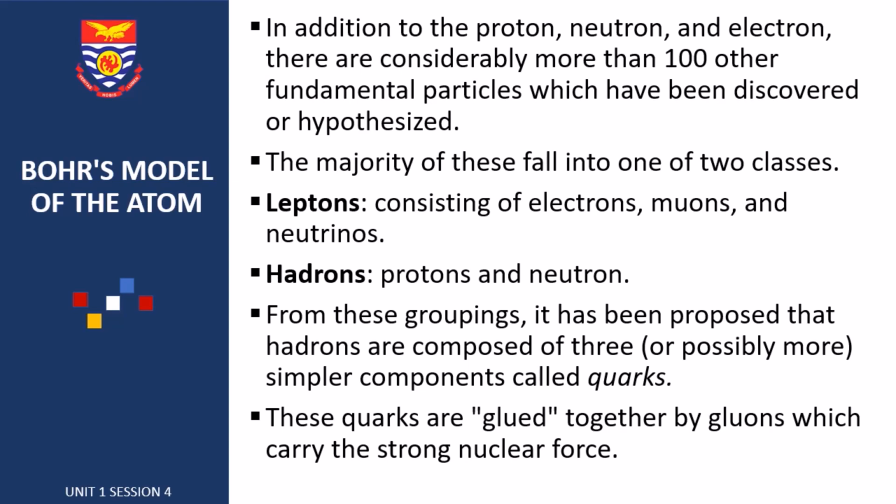These have been grouped into two classes: the leptons, which consist of electrons, muons, and neutrinos, and also the hadrons, which are the protons and neutrons. The hadrons are said to be composed of three simpler components, which are referred to as the quarks. The quarks are glued together by gluons and they carry the strong nuclear force.